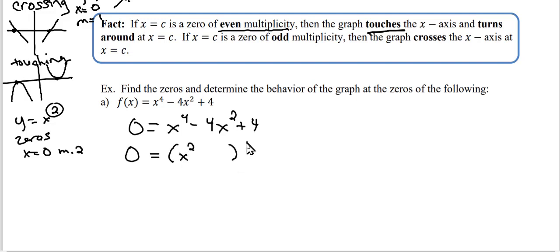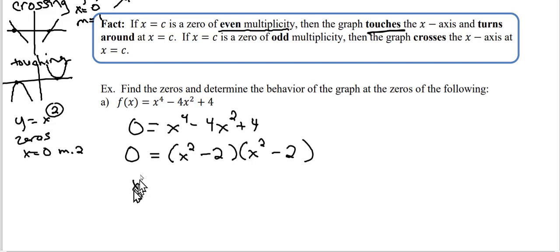And if it's going to factor, it's going to factor into x squared and x squared to give the x to the fourth, and only give x squared in the middle, not give an x cubed term. If I have -2 and -2 here, I think that's going to do it, because when I distribute the first two terms, I get the x to the fourth. When I do the last, the L in FOIL, I get the 4. And the outside and the inside give me that -4x squared.